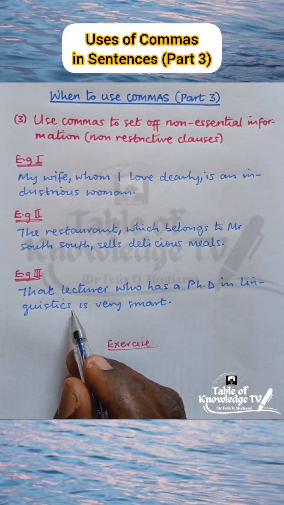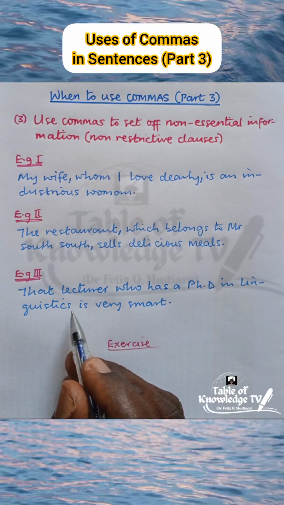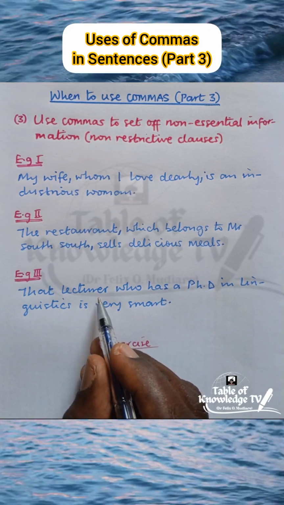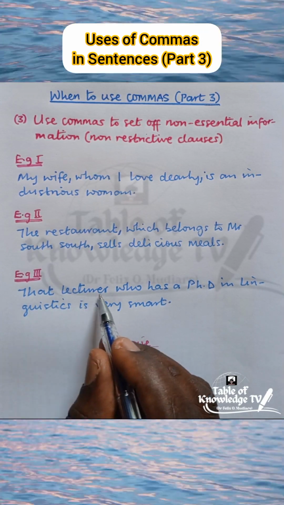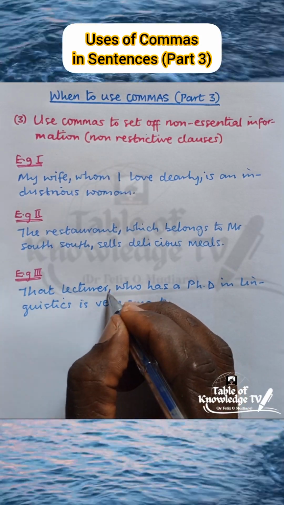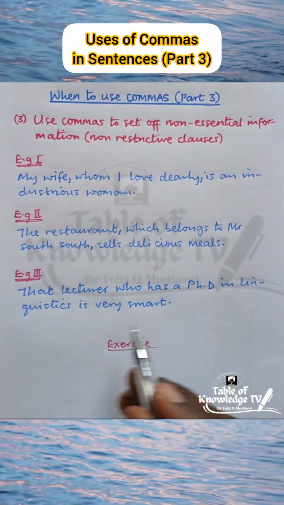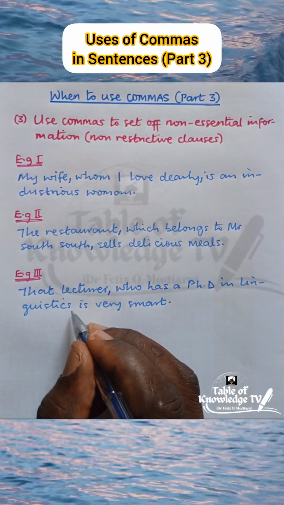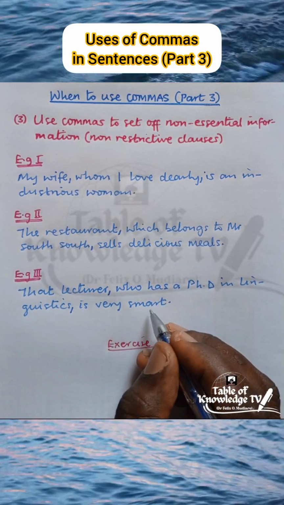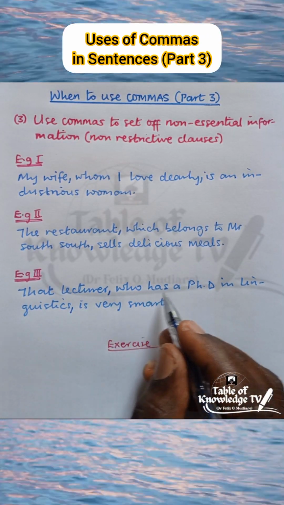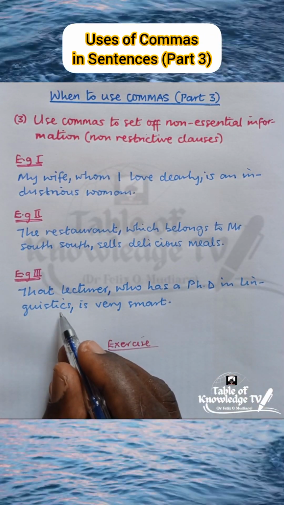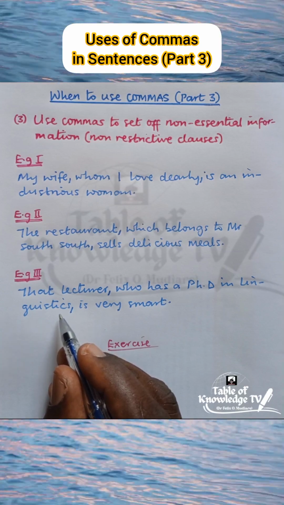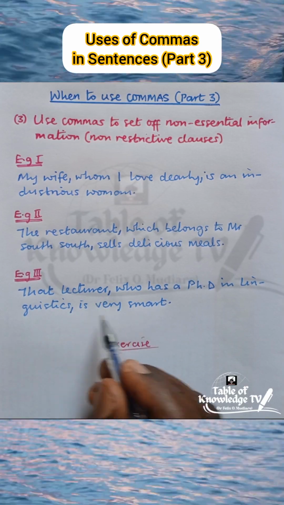It is simply meant to provide additional information about the lecturer. So what do we do? After that lecturer, you put comma, who has a PhD in linguistics, which is the non-essential clause, you put comma, is very smart. You can as well remove this non-essential clause from the sentence and the sentence will still make sense so that you now have that lecturer is very smart.